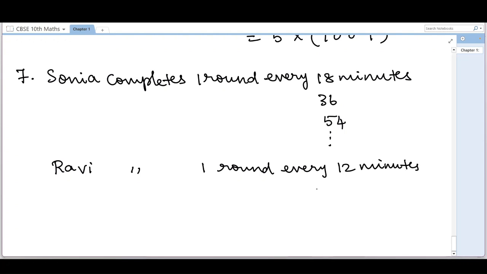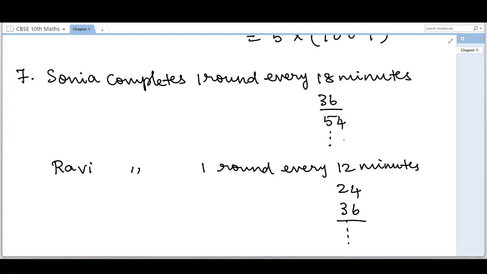So he could complete the second round in 24 minutes and third round in 36 minutes, etc. So the time period which is common to both Sonia and Ravi, so that they could complete the round and reach the starting point, is 36.